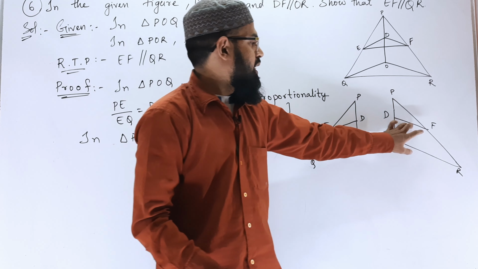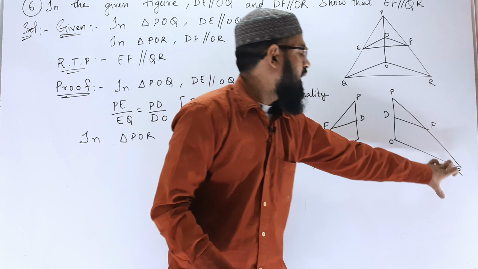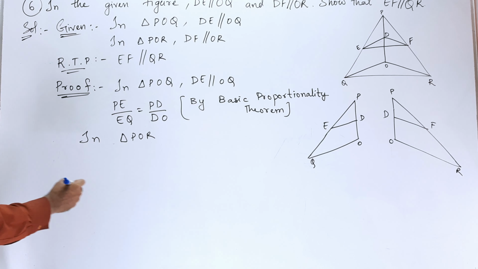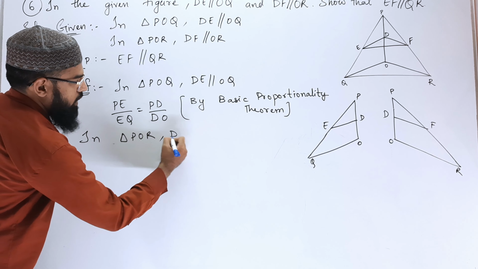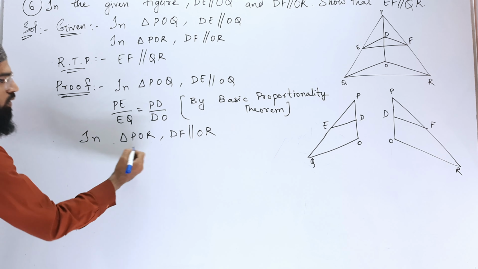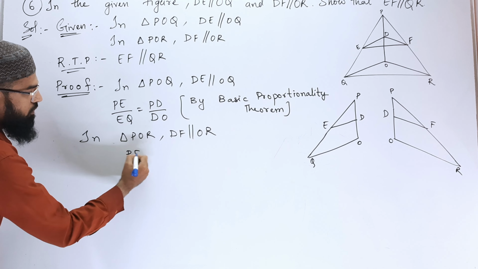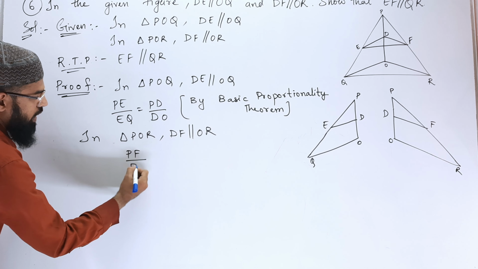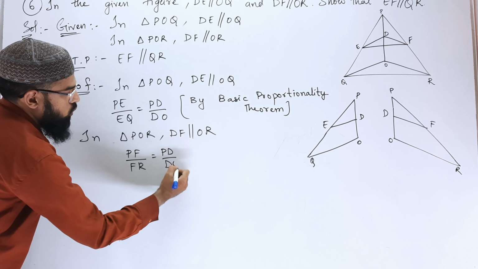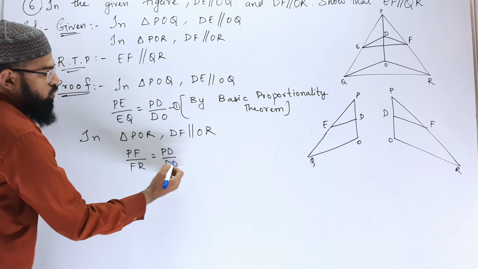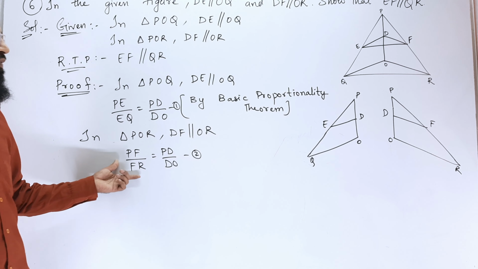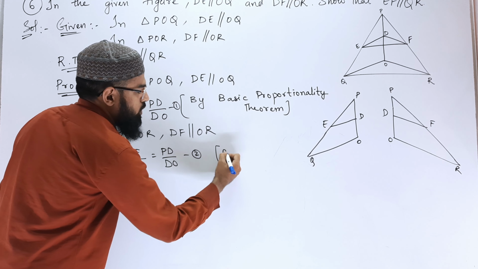That means this line is dividing PO and PR in the same ratio. Now we can write PF by FR is equal to PD by DO. This one is our first equation and this is the second equation, and this also we have got by using the basic proportionality theorem.